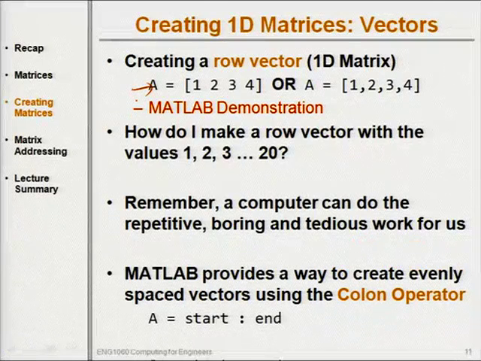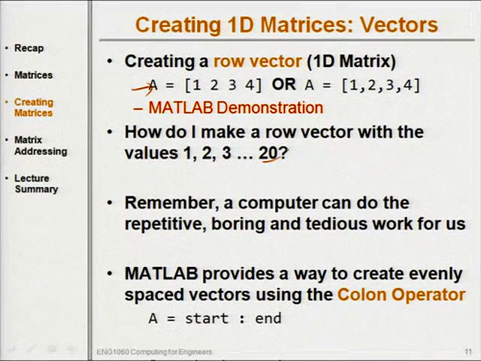However, if you have to make a row vector that contains values from 1 to 100, or in this case 1 to 20, you don't have to type in all the numbers one by one. MATLAB, or the computer, can do the repetitive work for us.